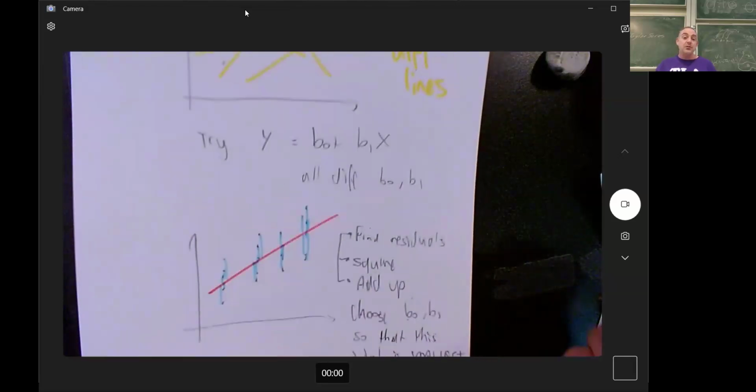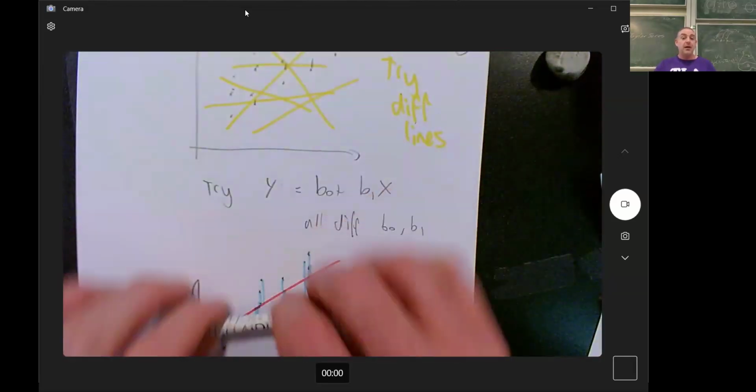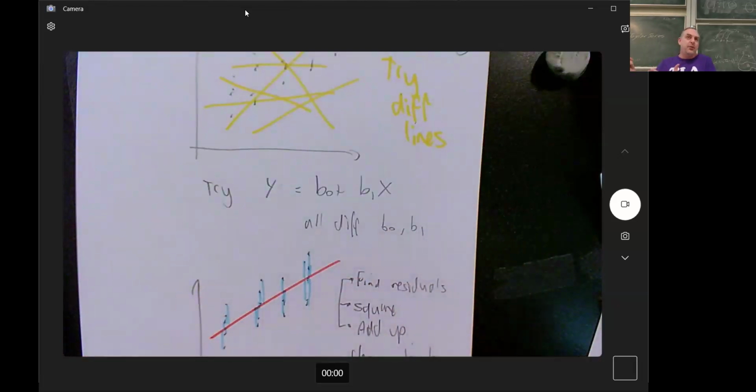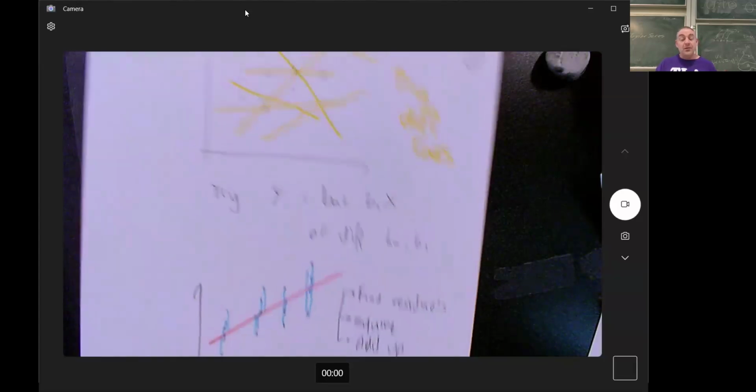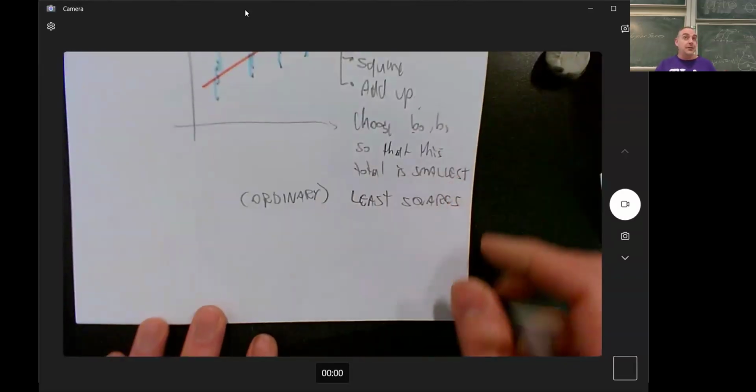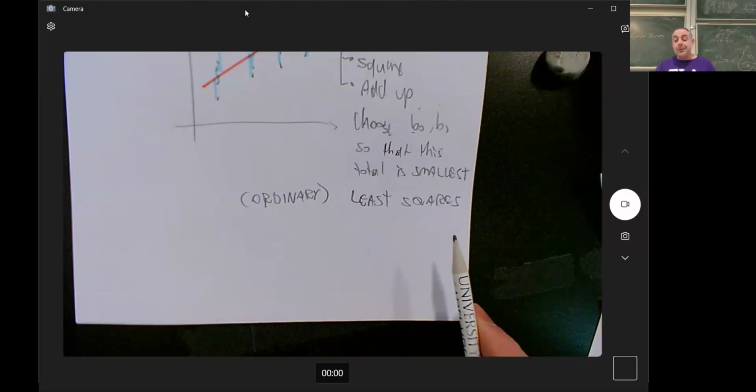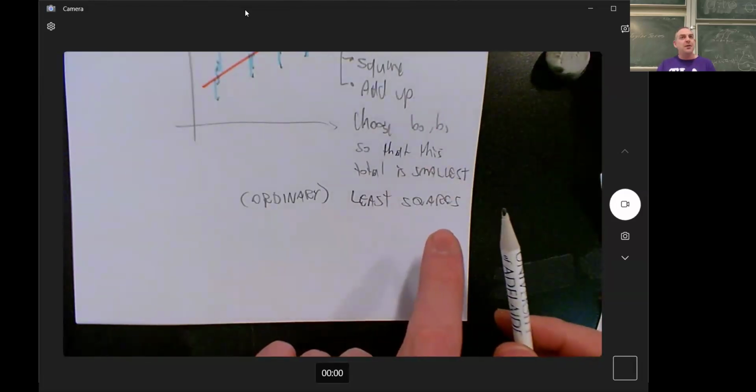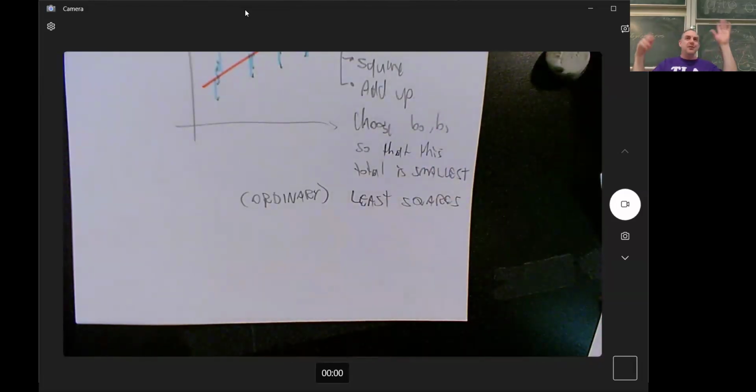And you could imagine trying lots of different ones, and trying them all. Theoretically, a computer could do that. It could just try lots of different ones and see what happens. But it doesn't do that because you can use some calculus. Because finding the smallest answer for something, you can do derivatives and set them equal to 0, and it's blah, blah, blah. And there's actually a formula for what the correct one is, rather than having to try them all.